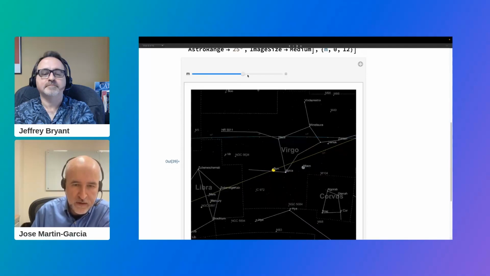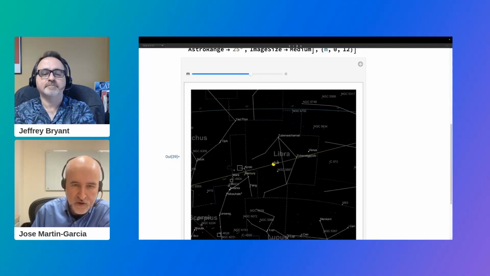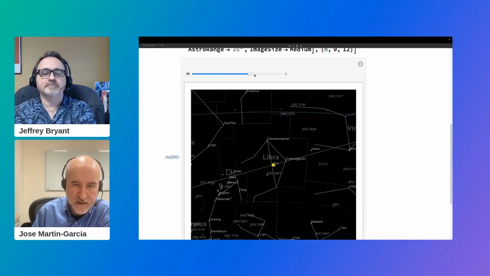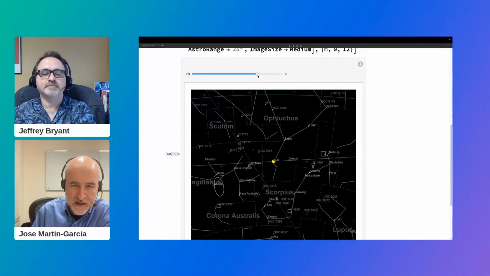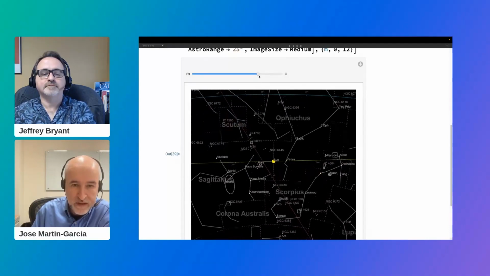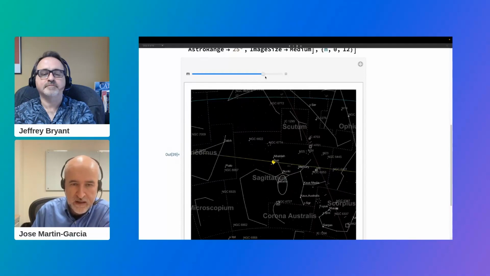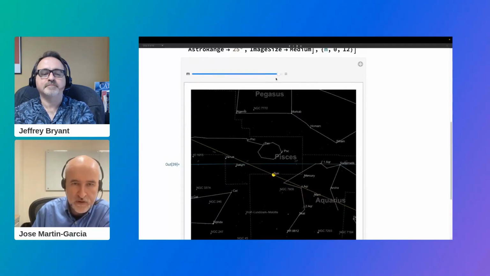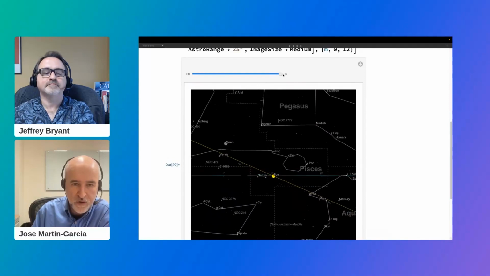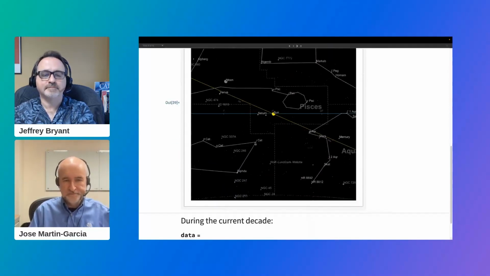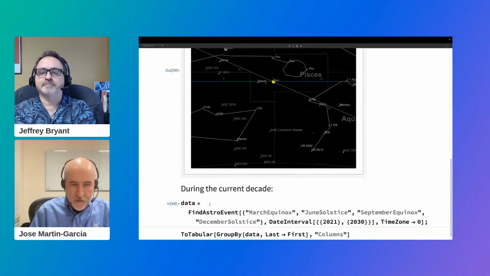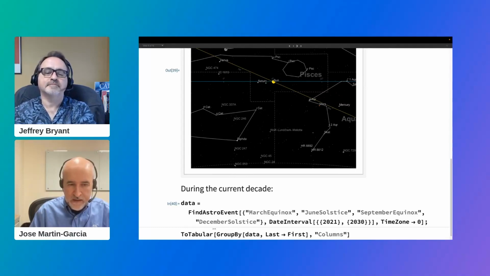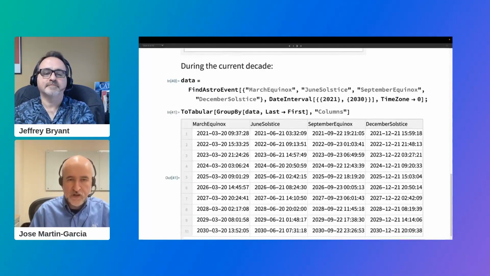And then it goes down again. You see how it's crossing all these constellations of the zodiac. Here it reaches the highest point, the lowest point. That's the winter solstice. And then it goes up again to the equinox, the March equinox of 2026. We can compute all the equinoxes and solstices during the decade, and here we can put them nicely in a tabular object.